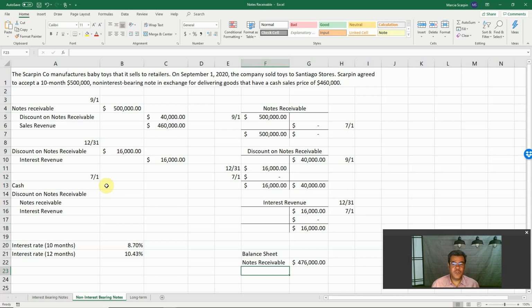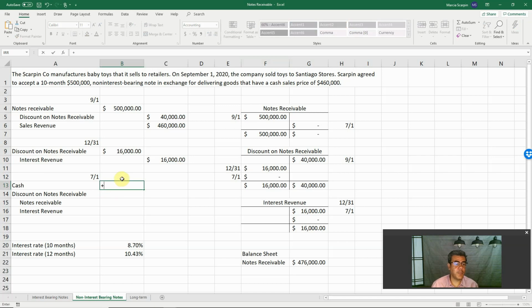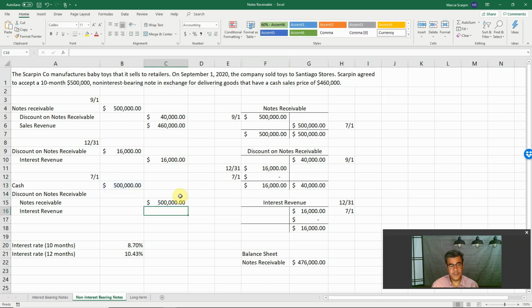Okay, we are on July 1st. Cash. Our cash here will be $500,000. That is how much we will receive. 500 is also our notes receivable.